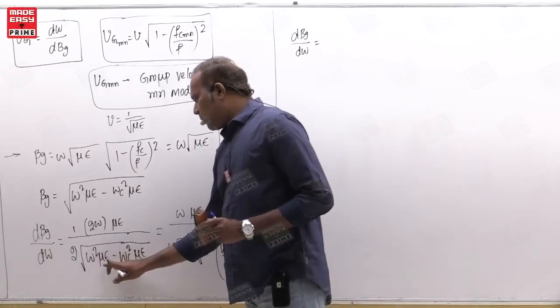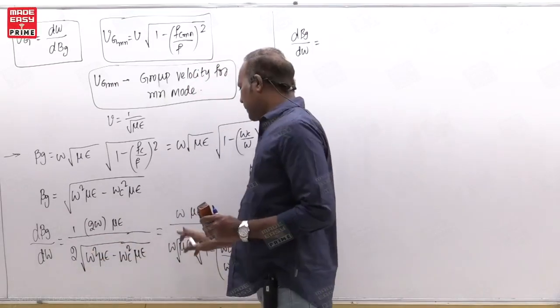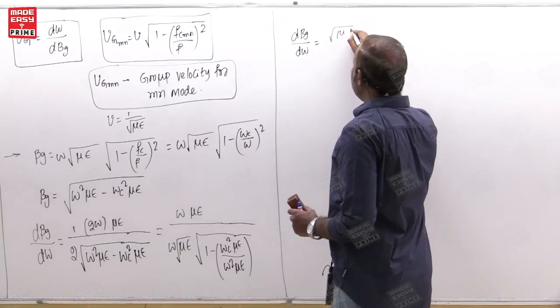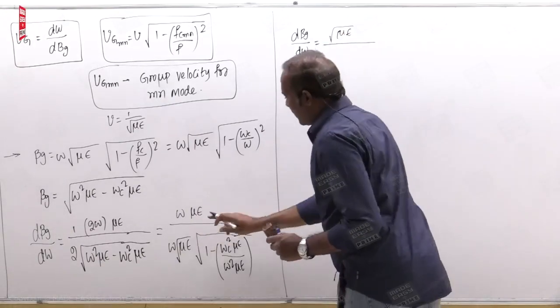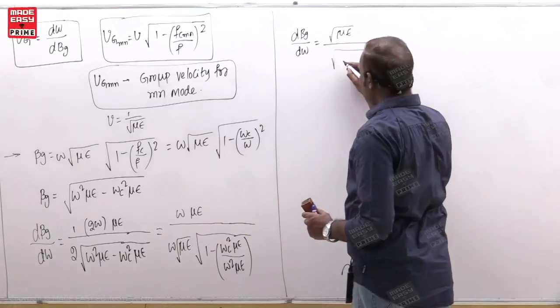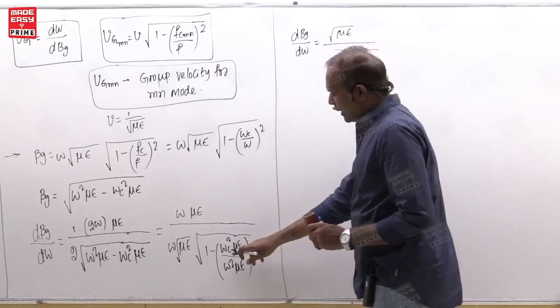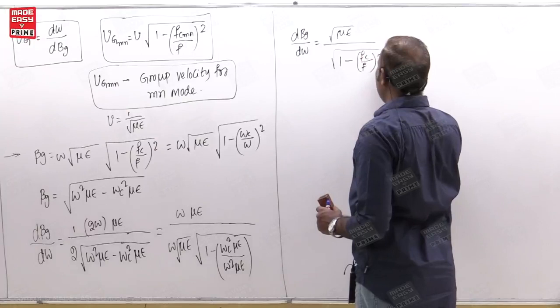Now omega square mu epsilon you take common inside the root. If it comes out, then omega root mu epsilon, omega is gone. So root mu epsilon divided by, after cancellation, root of 1 minus, this cancels, and 2 pi fc by 2 pi f whole square. So once again fc by f whole square.